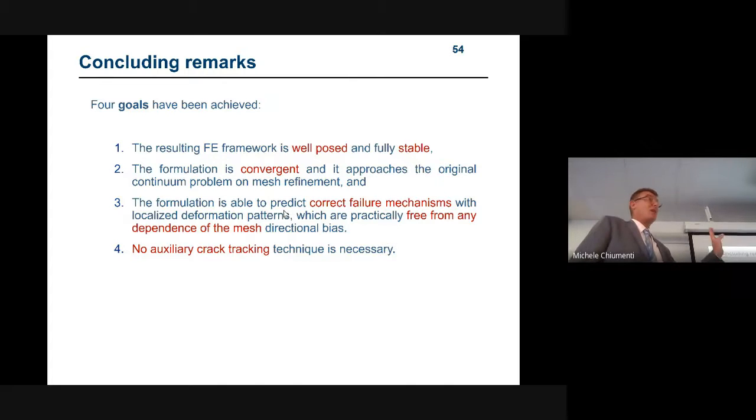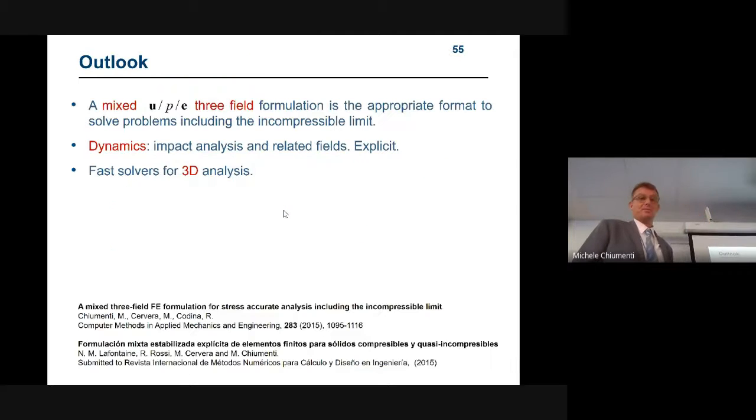You don't need any cracking technique, which was one of the solutions proposed years ago. And at the moment, we are working on this kind of solution, which includes the pressure and also the strength. This is the finite element, able to do anything, from plasticity to damage. Well, obviously, it is a more complex formulation.